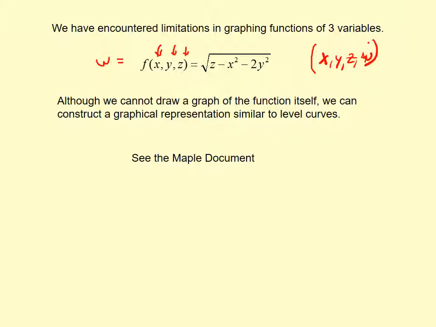If I'm not mistaken, that's 1, 2, 3, 4. I don't think you're going to find any graphing utility that will graph in 4 dimensions. So we can do a little technique similar to what we did for functions of 2 variables. We can draw what are called level surfaces. Now we will do this in Maple. I'm not even going to attempt a hand drawing for level surfaces.